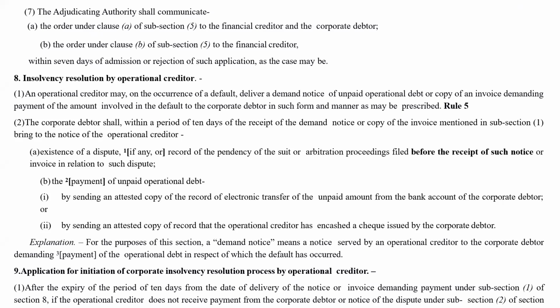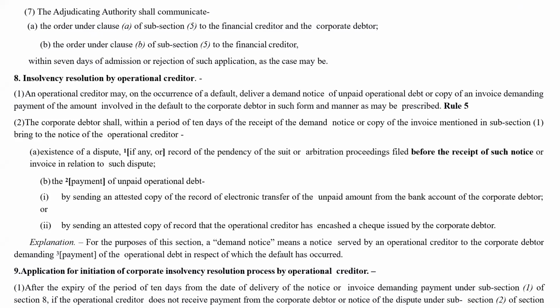The corporate debtor has a time period of 10 days from the receipt of the demand notice or copy of the invoice, and he will state the existence of a dispute, if any, or record of pendency of the suit or arbitration proceeding filed before the receipt of such notice or invoice in relation to such dispute.